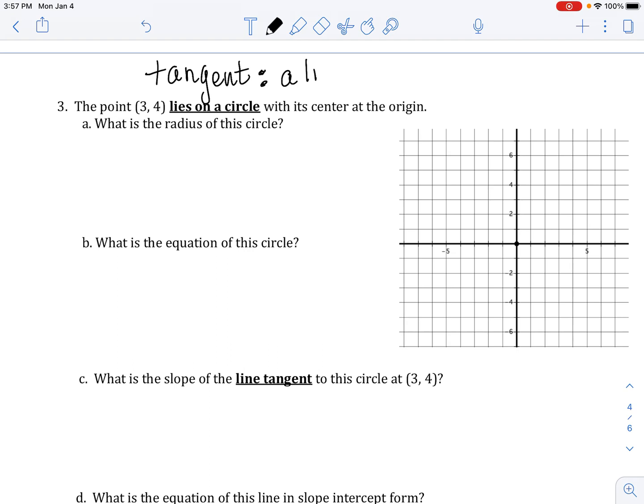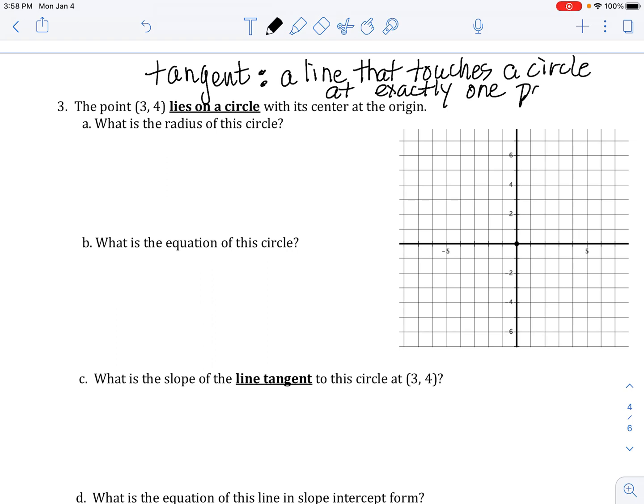And a tangent is a line that touches a circle at exactly one point. And we're going to use this geometry term while we're graphing and writing equations of circles.